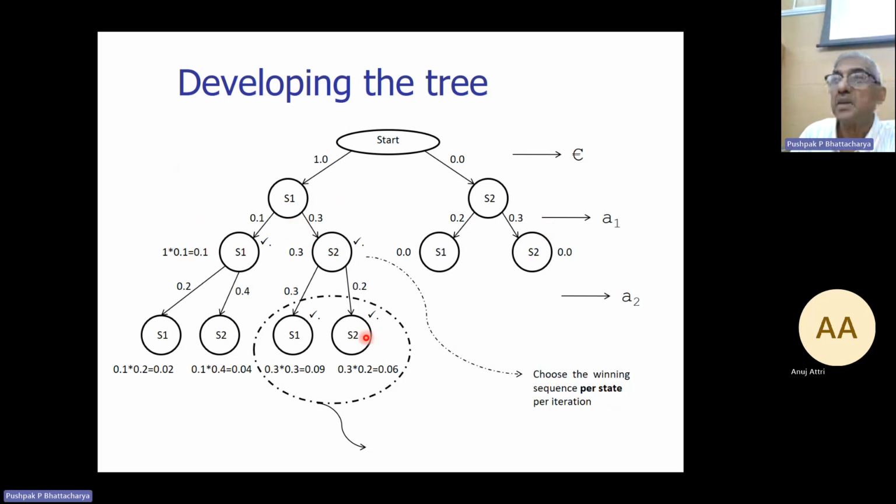The number of states cube, number of states to the power 4, and so on. So if there are n observations, then the tree could have become exponential in size. It would have been a number of states to the power n, where n is the length of the observation. But that doesn't happen.